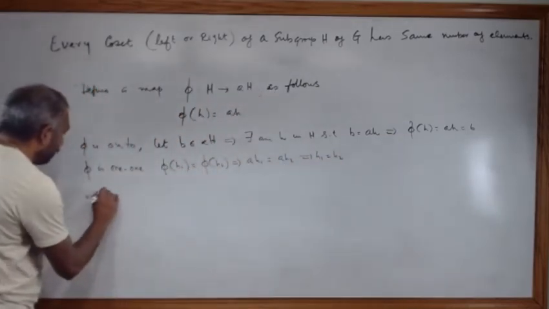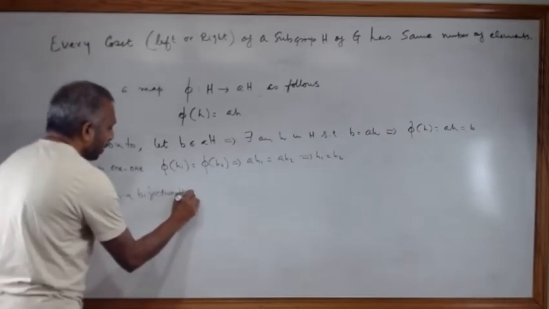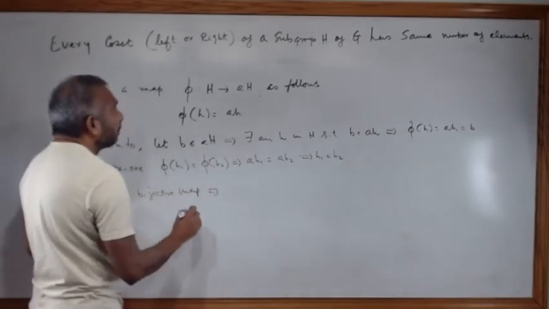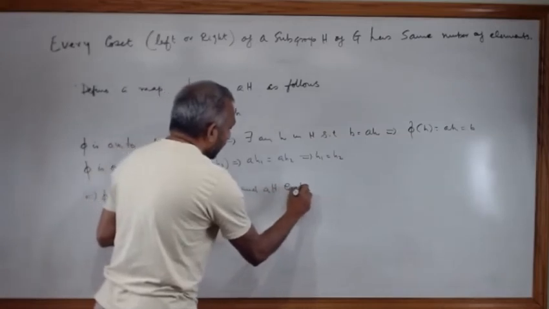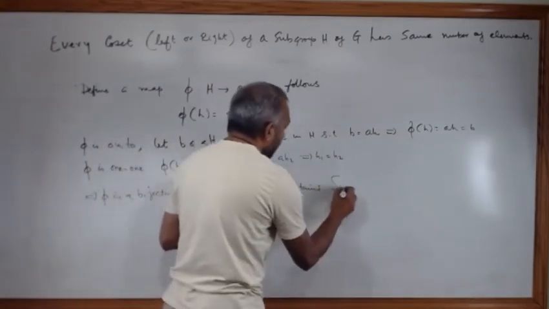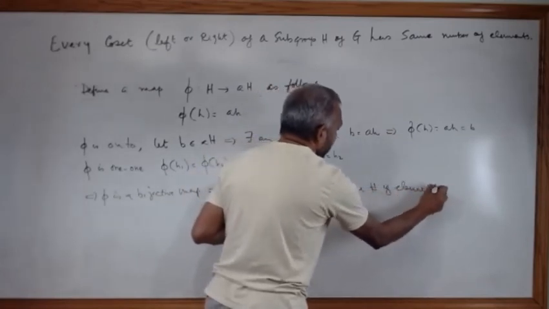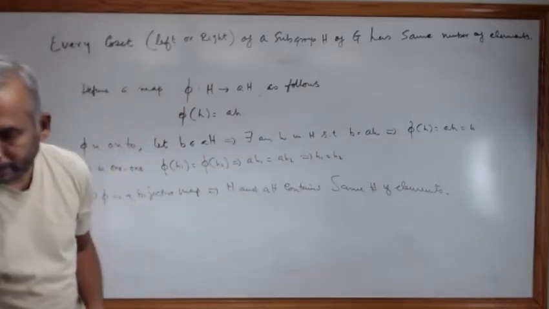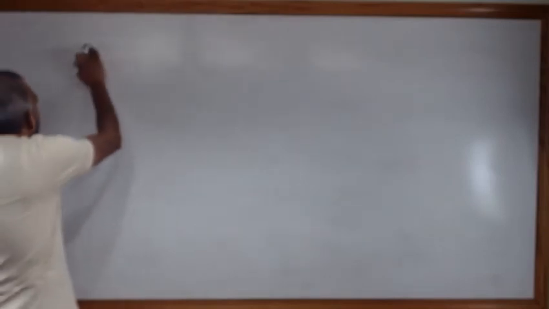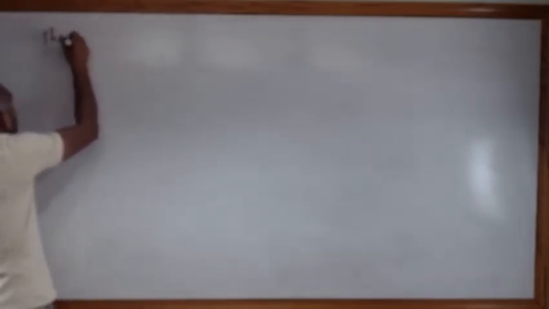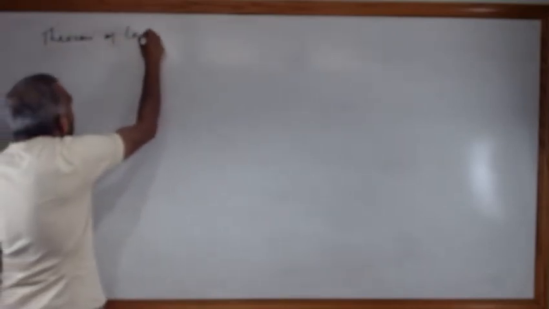That implies phi is a bijective map, and that implies H and aH contain the same number of elements. Next we'll do an important theorem, the theorem of Lagrange.